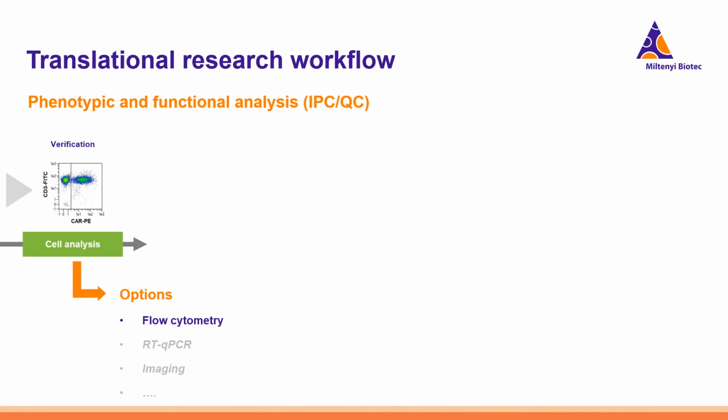You check your cells, and there are different options, so you can do it via flow cytometry, but there are also others. You can do omic analysis. Some do maybe also stainings or real-time qPCR, and there are a lot more methods to phenotypically investigate or assess the functionality of the CAR T cells.